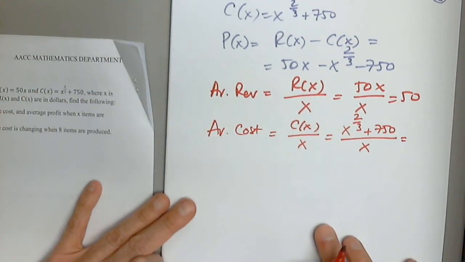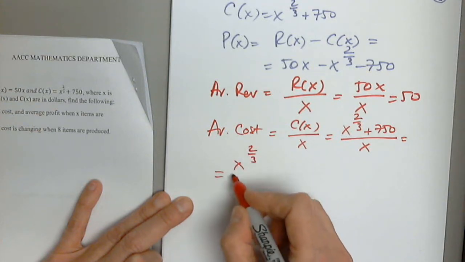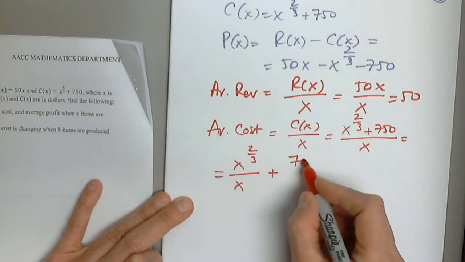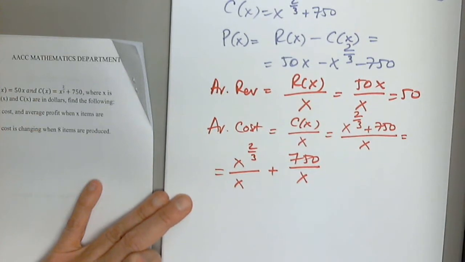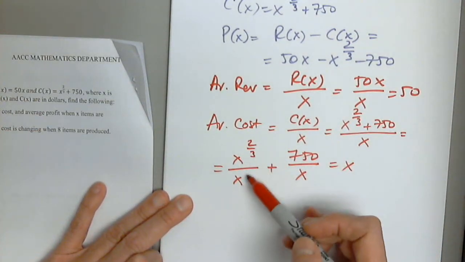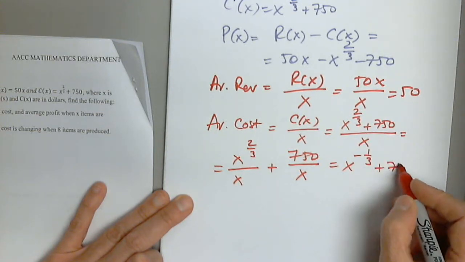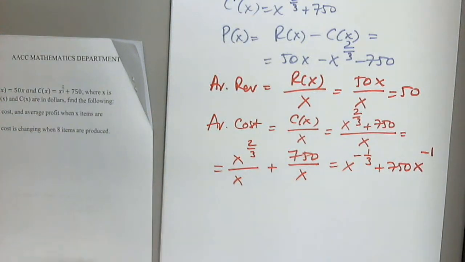The denominator is one term, so I will separate the fraction into x to the 2/3 over x plus 750 over x. Copy the base, subtract 1 from 2/3, and I get negative 1/3, and then plus 750 x to the negative 1.